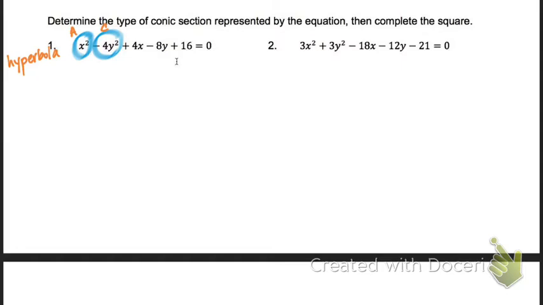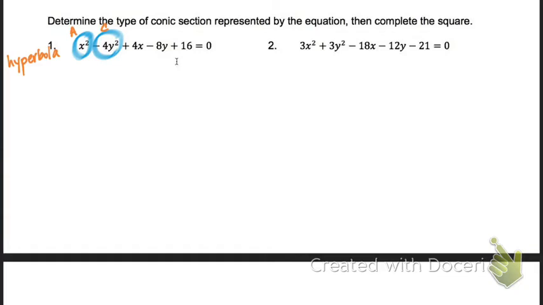Okay, now we're going to complete the square to get it into the vertex form. I'm going to take you through the steps of how to do that. We're going to get lots of practice with this, so if you don't exactly get it today, that is okay. Your first step when you're completing the square with two variables is to get all of your x's together and all of your y's together.